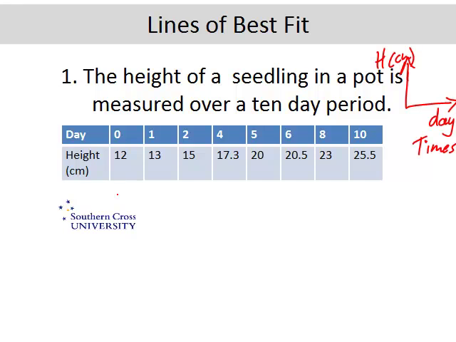So this point here is 0,12 and 1,13, etc. That's our x, our independent variable, and this is our y, our dependent variable. We need to split this data in half. We have 1, 2, 3, 4, 5, 6, 7, 8 points, so we'll split them here into two lots of 4.